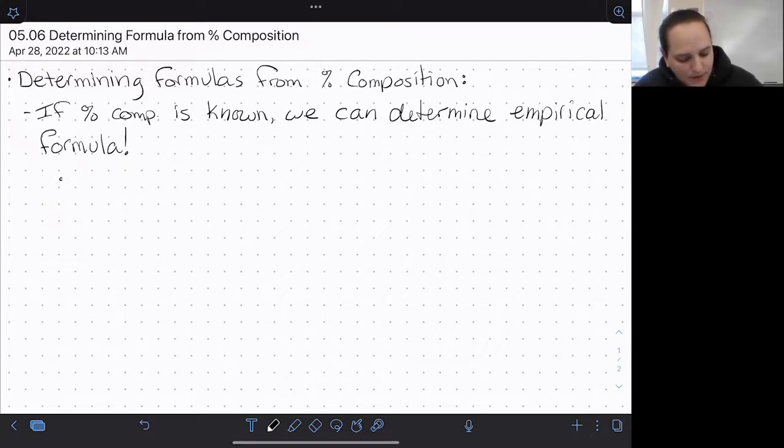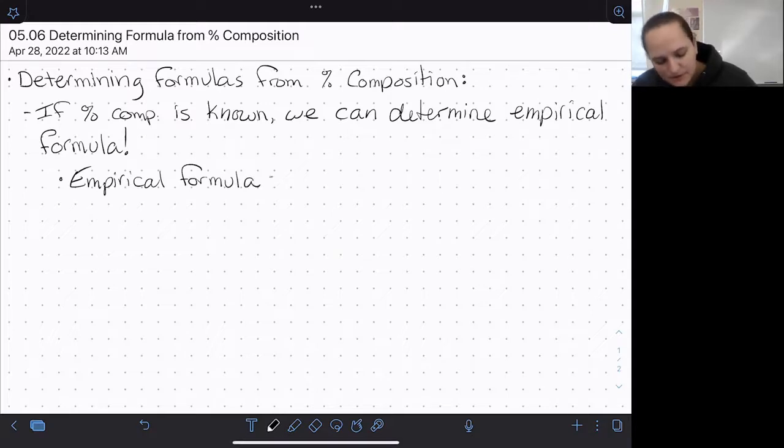Remember that our empirical formula is the simplest whole number ratio of atoms.